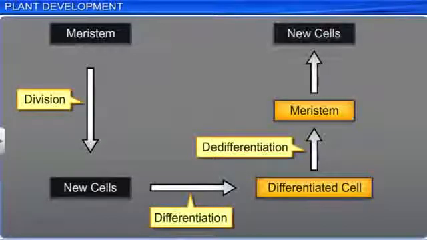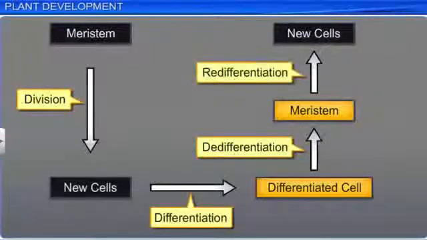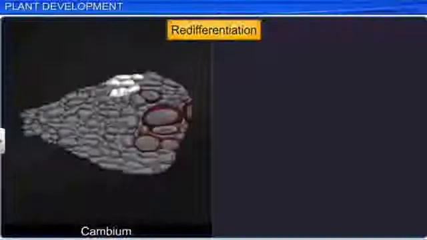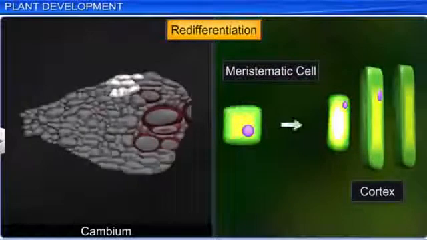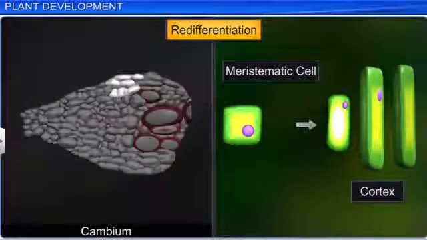Meristems formed by dedifferentiation give rise to cells that lose the ability to divide but mature to perform specific functions, which is called redifferentiation. For example, the meristematic cells of the interfascicular cambium redifferentiate into the cortex.